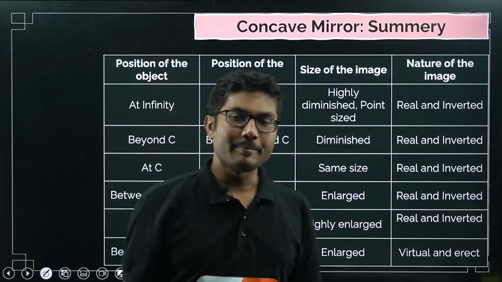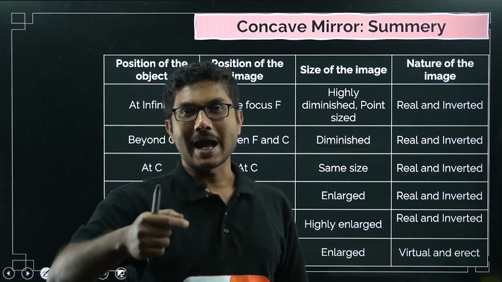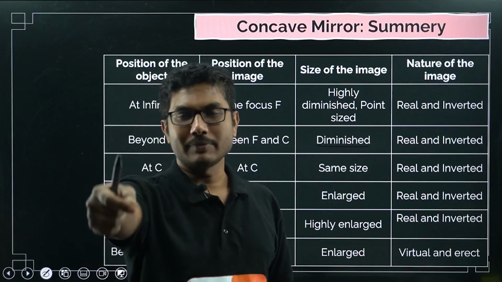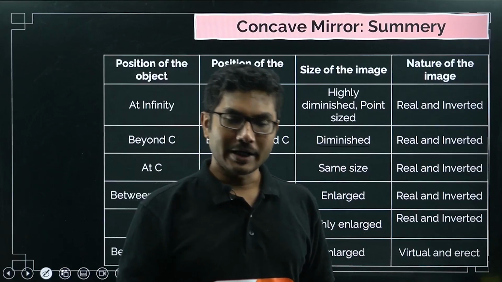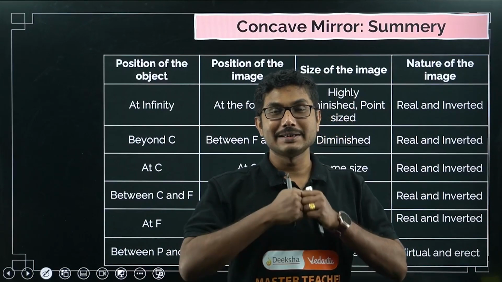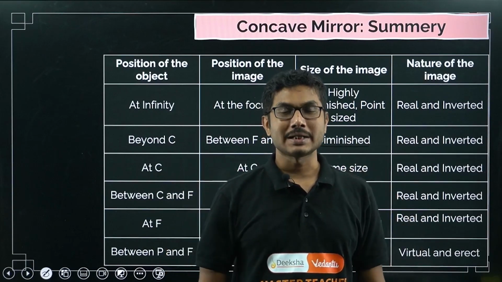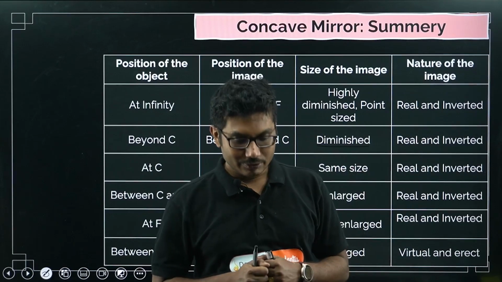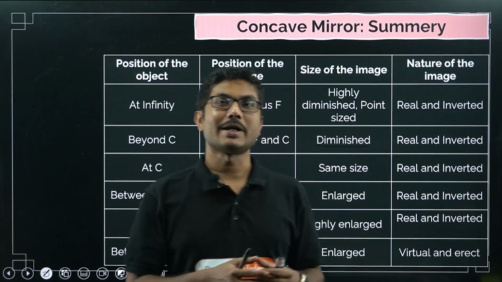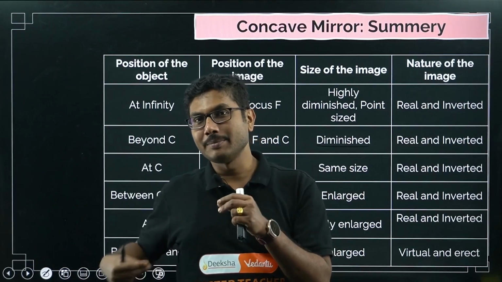Now it came between infinity and C. At this point the image is slightly bigger and image is between focus and C. Okay, now it slowly walked, it reaches exactly at C. At this point its image actually matches its size, so image is now exactly the same size as the object. Okay, now as soon as it crosses C and goes very close to the mirror, in that case what happens is that the image is now bigger. So image started getting bigger and bigger.